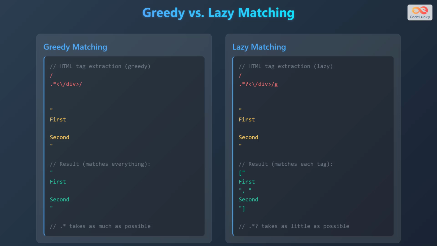Now let's look at lazy matching. Using the regular expression <div>.*?</div> /g on the same string, <div>first</div> <div>second</div>, the result is an array containing <div>first</div> and <div>second</div>.